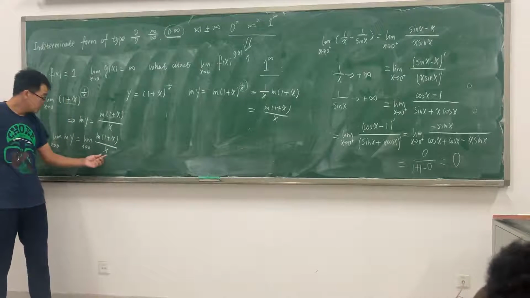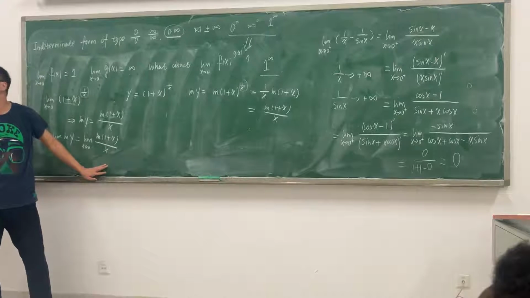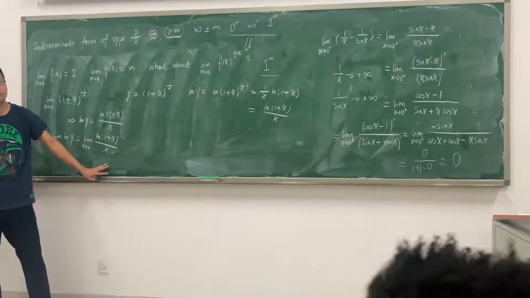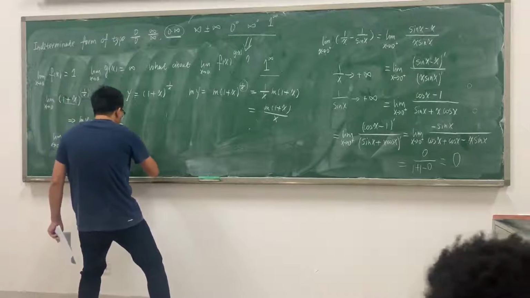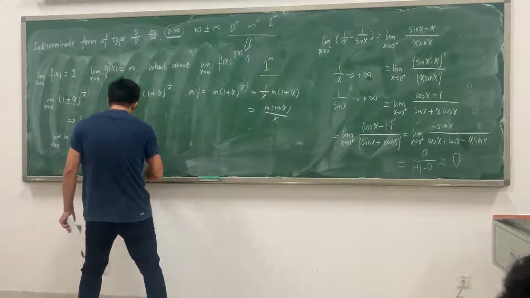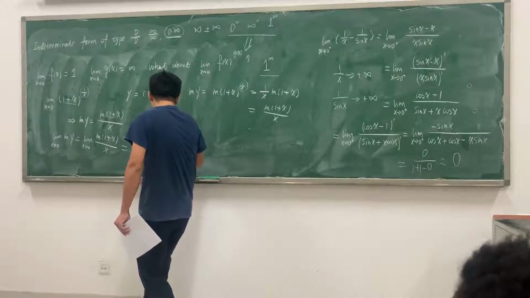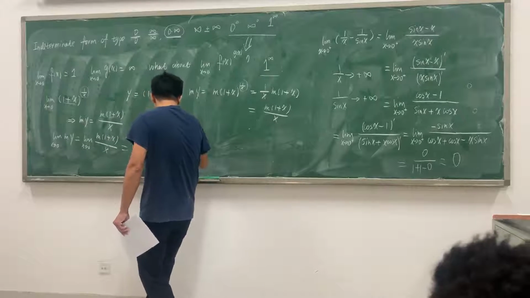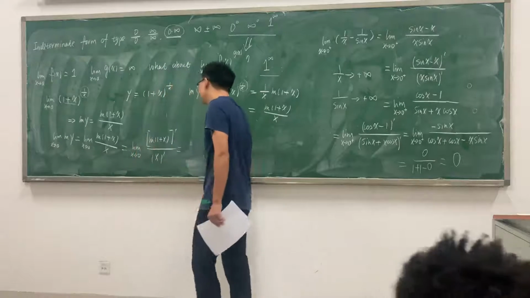So this is 0 by 0, so we can use the indeterminate form: the derivative of ln(1 plus x) divided by the derivative of x.